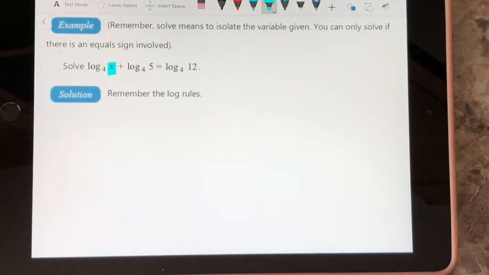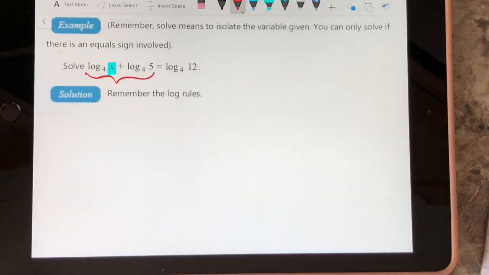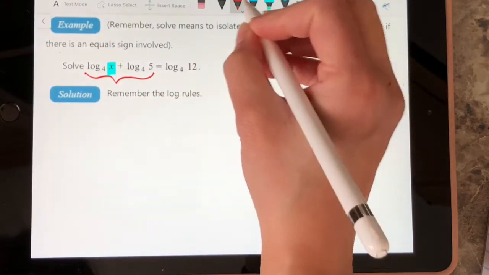First thing we need to do is combine anything if we can. That's why we did the previous lesson first, condensing logs, because we noticed that we can condense this side of the equation. We can condense that together because they have the same base. So let's go ahead and condense that.